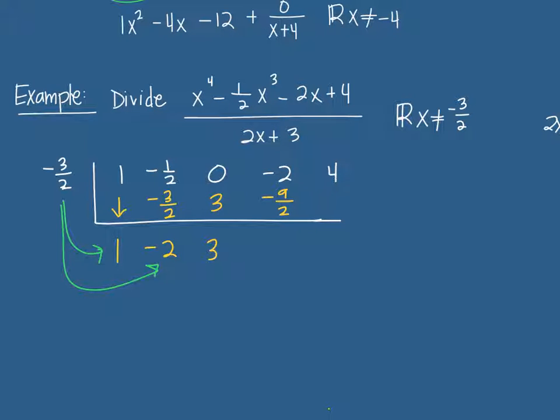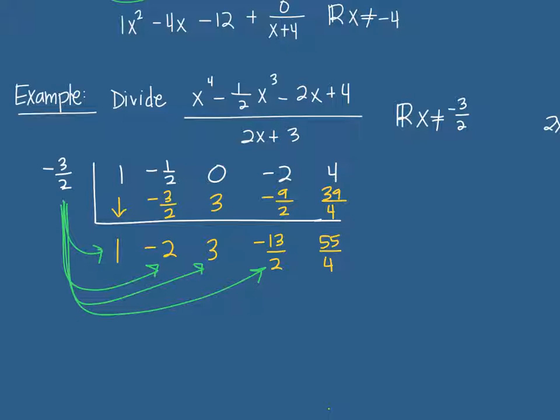Combine the two of those together, we get negative 13/2. And multiply one final time. That will give me positive 39/4, which is going to give me 55/4 as my remainder.